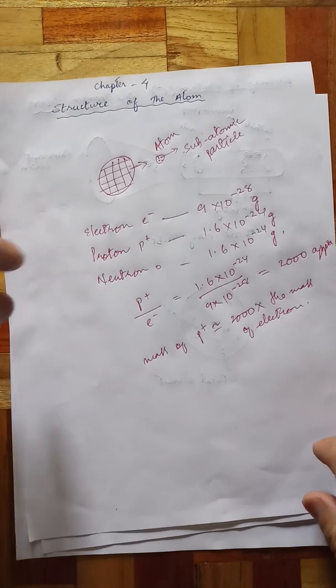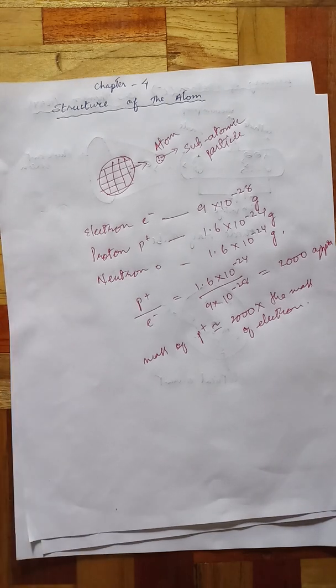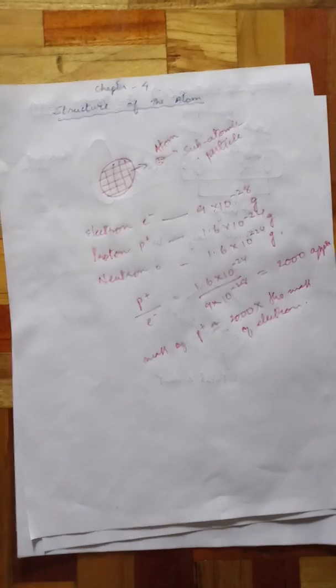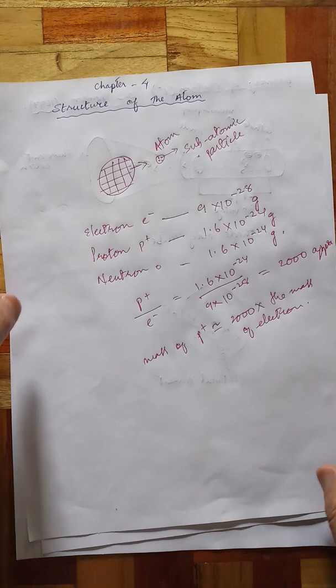That means the mass of proton is 2000 times greater than the mass of electron. That is why the mass of electron is considered negligible.